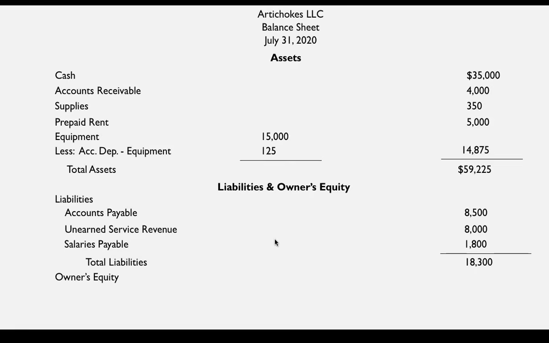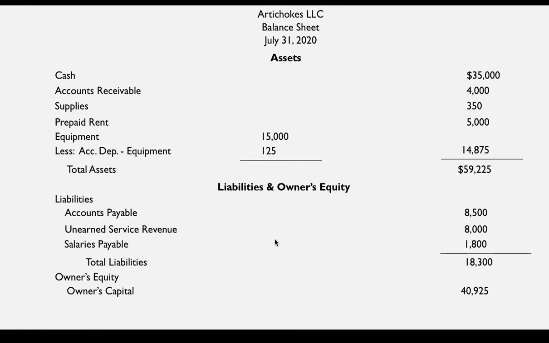So owner's equity, again, that's a category, right? That's just like liabilities or assets. The owner's equity account that we're going to be listing is owner's capital. Now, we get our owner's capital balance from the owner's equity statement, right?